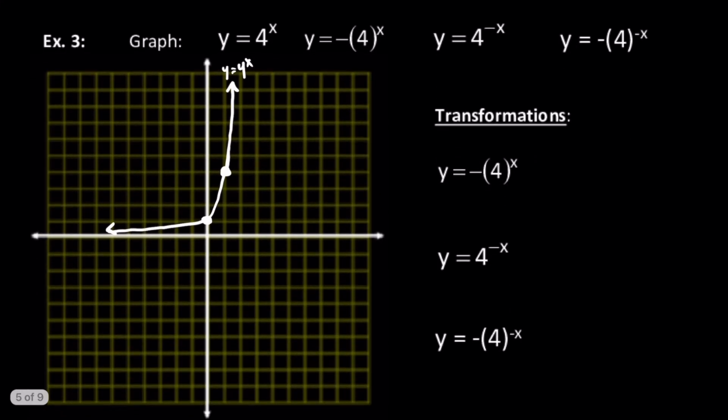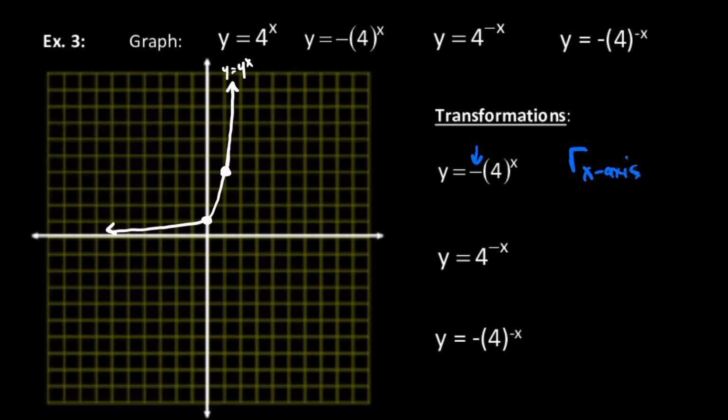All right, so what do we have here? Let's review our reflections. Okay, so I have this graph sketched here, y equals 4 to the x, (0, 1), (1, 4). If you remember, this negative here, if it's on the outside, the first thing you see is a reflection in the x-axis.